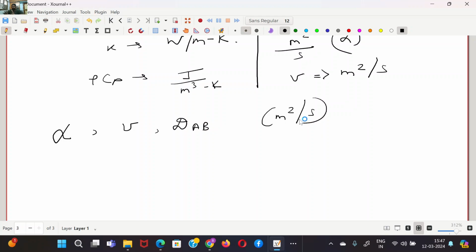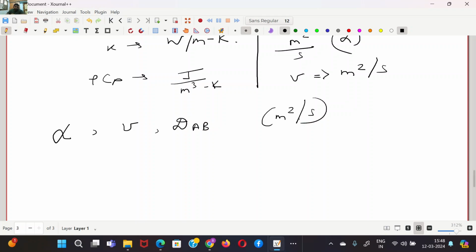And in Fick's law, the constant of proportionality will be this D_AB, or the binary diffusivity. I'm not going into details of that because we are not going to be doing mass transfer here. But it's a very interesting topic, especially if you want to study mass transfer, chemical reaction engineering and all. The transport in that is very interesting, but that's not part of this course. So I'm just mentioning that we have an equivalent in mass transfer also. All these three have got units of meter square per second.